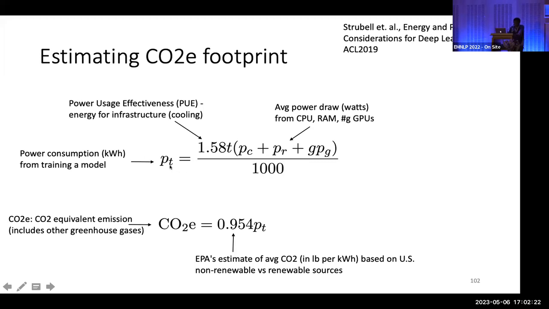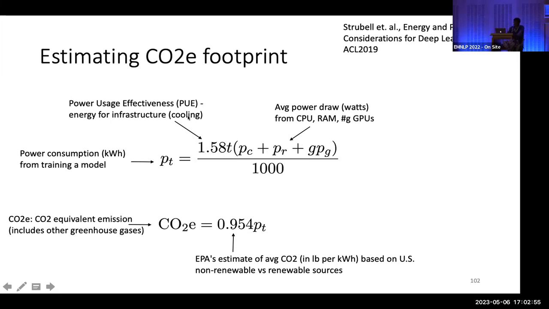How much power do you spend? It depends on the power used by your CPU, the power used by your RAM, and the power used by your GPU times G, the number of GPUs. That's the power used by each of your compute units. Then multiply by T, time, because you need to know how long you've used this.